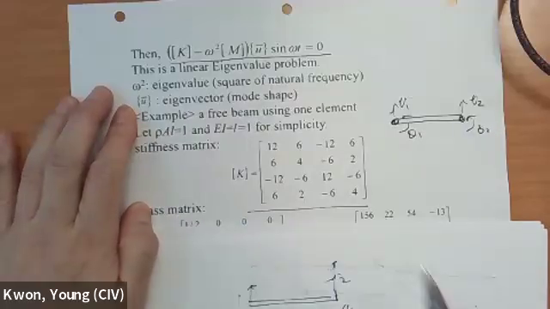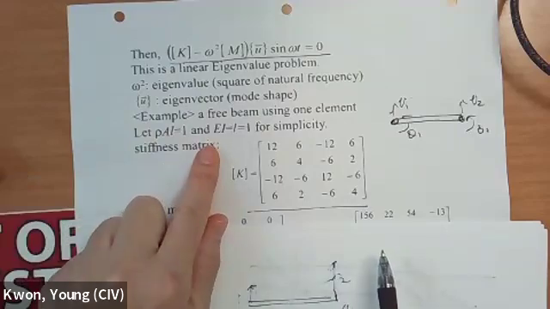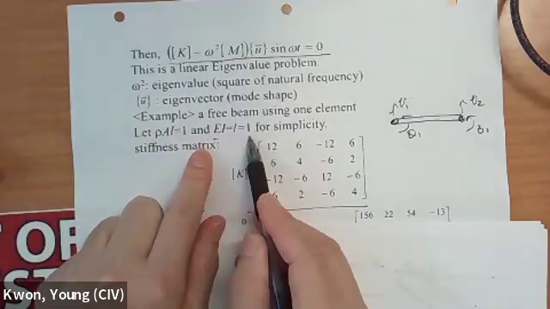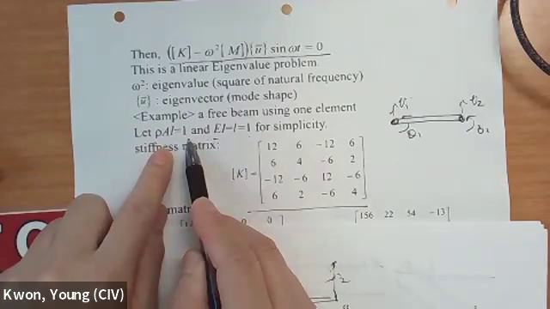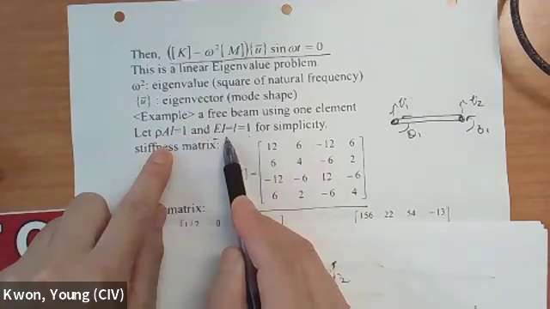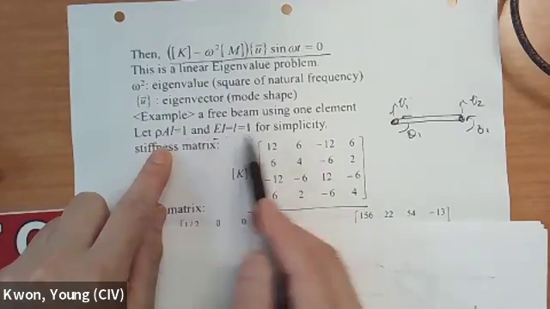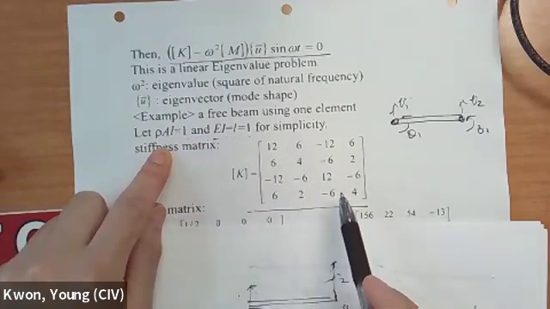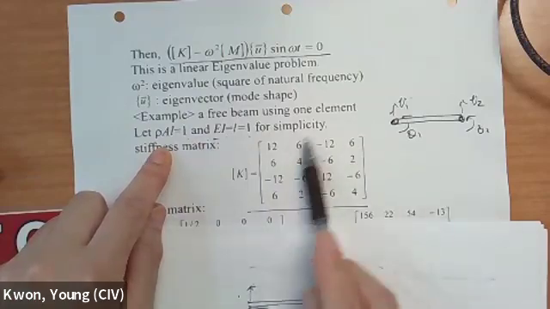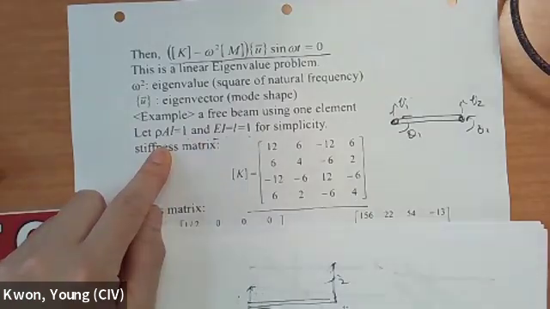So you have the stiffness matrix, okay? And just for simplicity, we say everything is 1. So the density, mass is 1, beam rigidity is 1, length is 1, just to make this simple. So everything is 1, that's going to be your stiffness matrix.